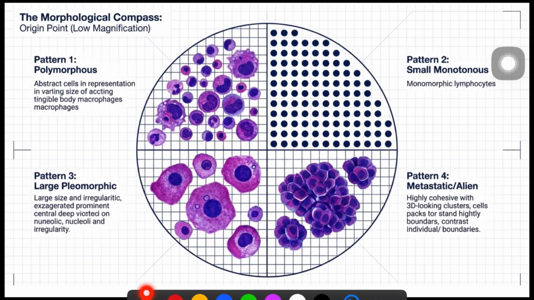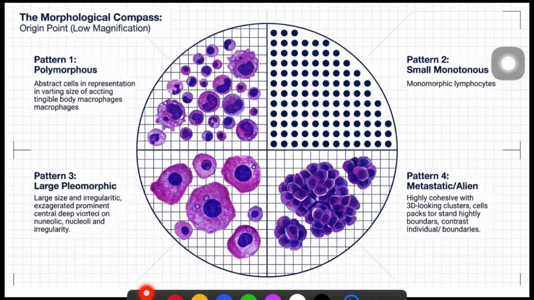So, when you find a dispersed cell pattern, at the low magnification you try to categorize whether the cells are polymorphous, where you find tingible body macrophages and centroblast, centrocyte or immunoblast pattern, right? Or having a small monotonous or monomorphic lymphocytic pattern, or another pattern is pleomorphic cell pattern which are large in size, irregular or not, or third is metastatic where highly cohesive clusters, 3D ball-like clusters are there or not.